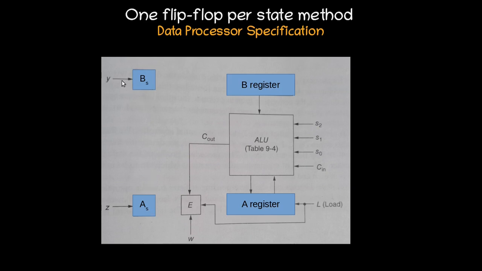If it is activated and the value is 0, it will become 1. If it is 1, then it will become 0. So it just complements the sign bits, that is the function. Then this W is to clear the E bit. If you activate this W, the E bit will be cleared or become 0. That is our data processor specification.